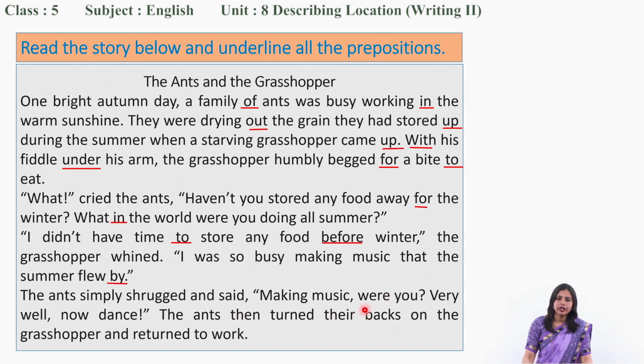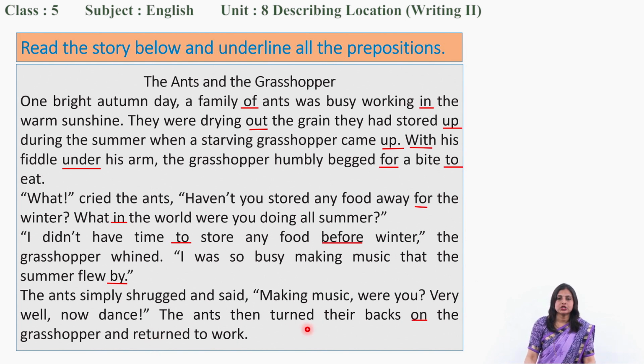Were you? Very well. Now dance. Is there any preposition here? Yes, there is no preposition in this sentence. So, can you find any other prepositions in this last sentence? Very good. Yes, there is on.